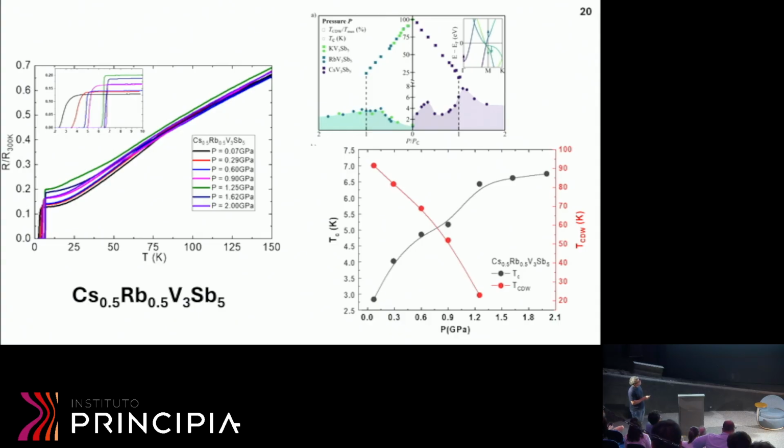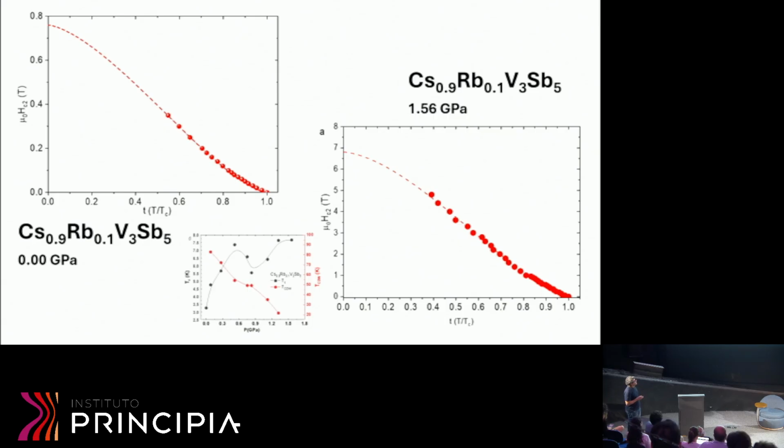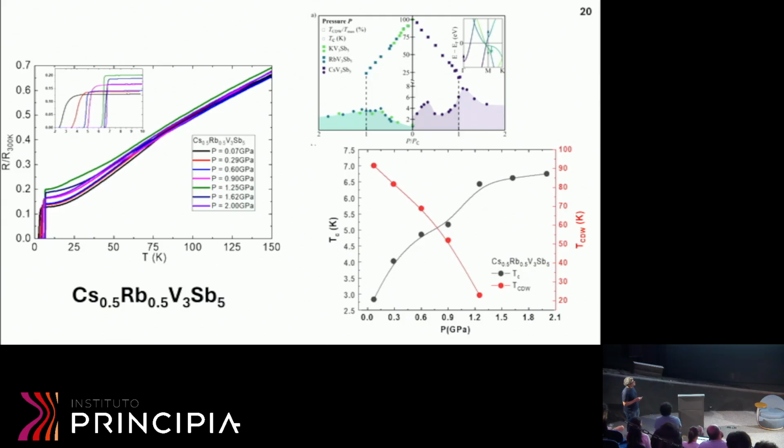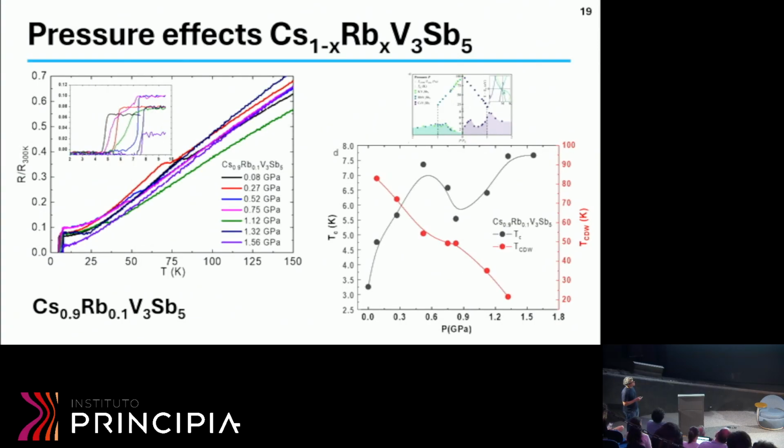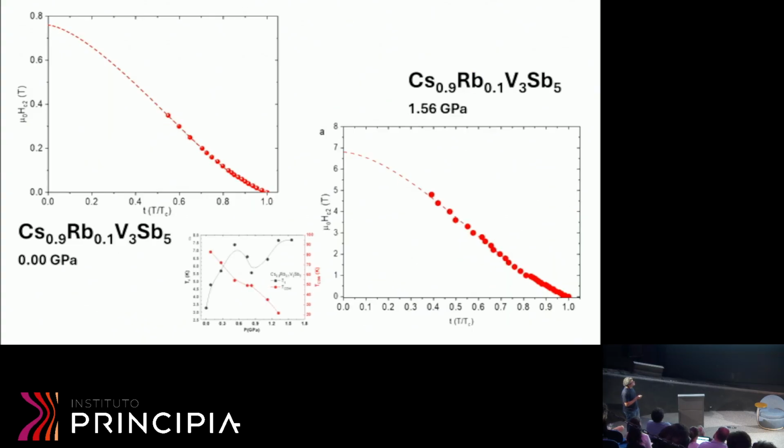Okay, so the CDW decreases and superconductivity is enhanced. And we also looked at the highest pressure that we attained for the 0.1 compound and for the 0.5 also, but I just show here the 10% doping. We see an increase of the critical field for the superconducting state. It goes from around 0.7 to 7.